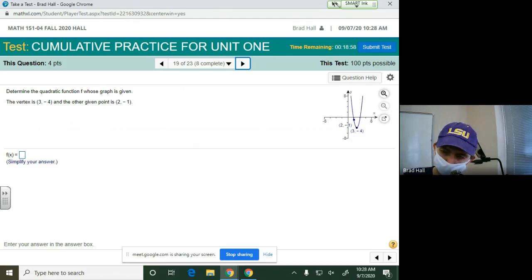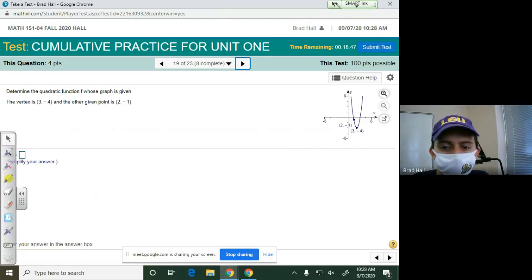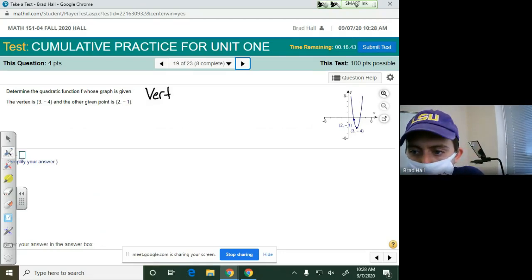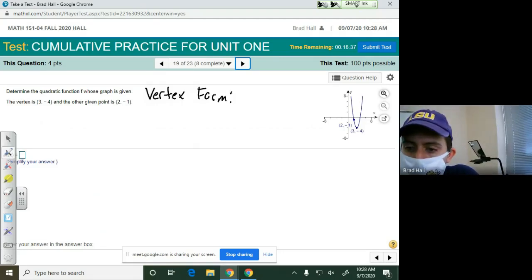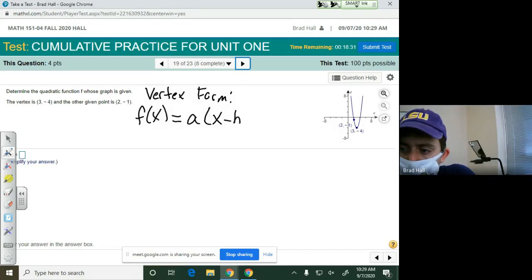So with that being said, as I mentioned in the video, there's a vertex form. And this is a(x minus h) squared plus k.